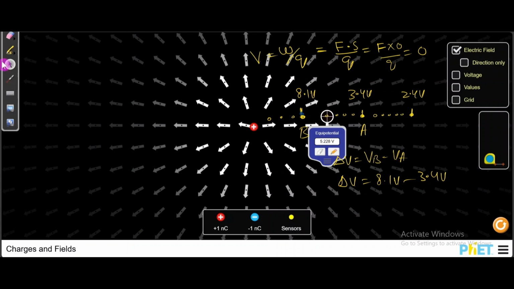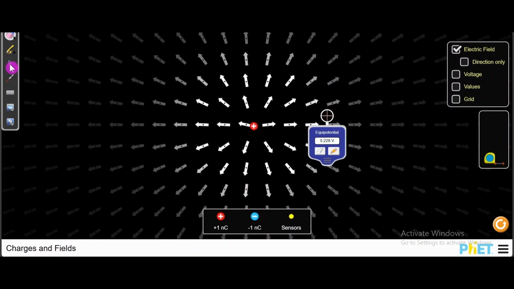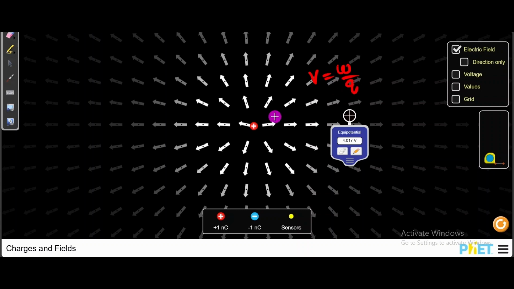So here, at this point we have potential. Similarly, at this point we have potential. At this point we have potential, and according to the formula, potential is equal to work done per unit charge. So the potential is the work done per unit charge, and the work done is actually the force into displacement, divided by charge. So the displacement at a point is 0, therefore the potential would be 0.